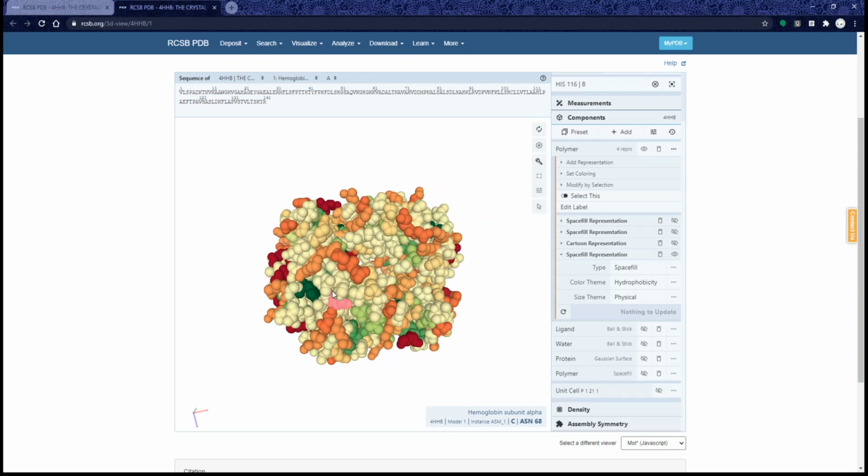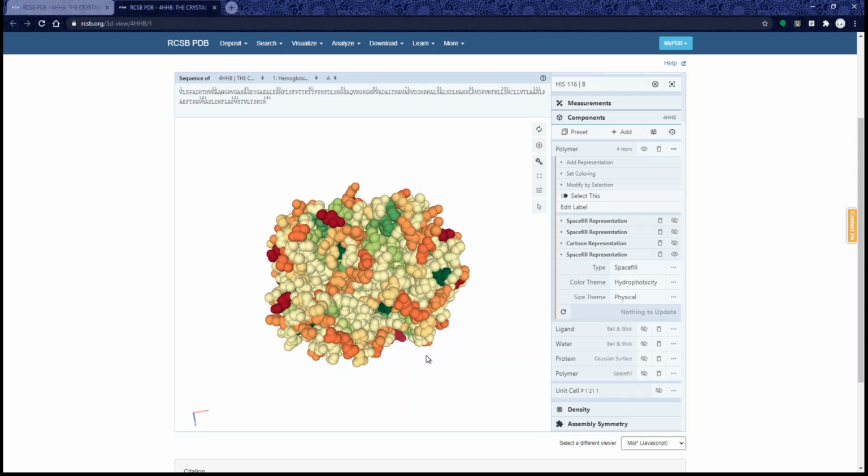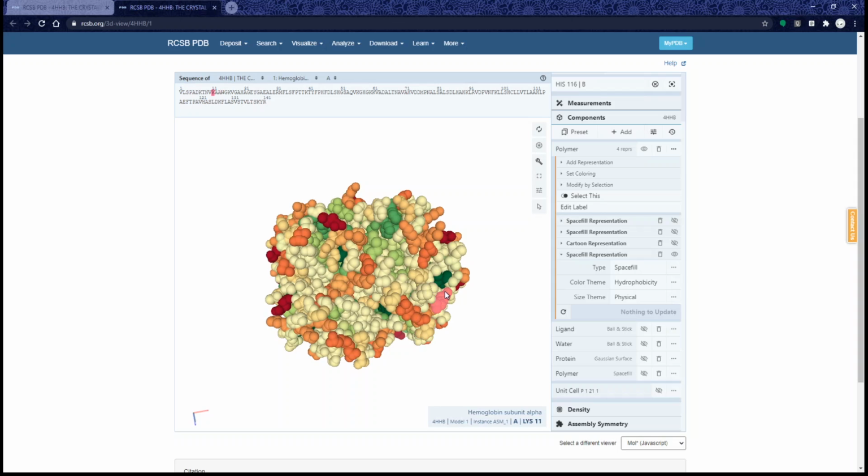Deep inside, the dark green ones, for example, tryptophan, leucine, phenylalanine, are all hydrophobic, and the reason they are deeper inside the protein is because they are pushed in there by water. So those hydrophobic interactions are very important for protein structure.